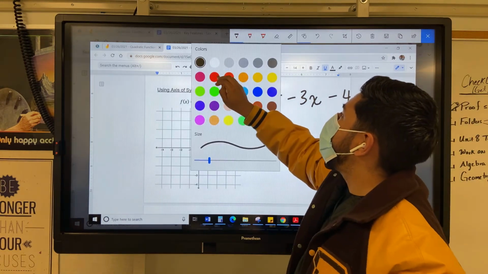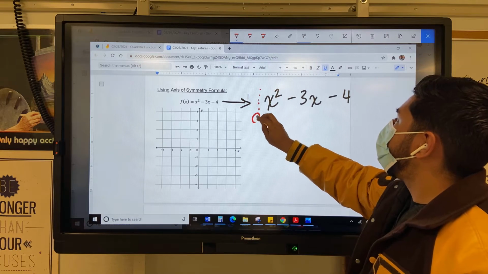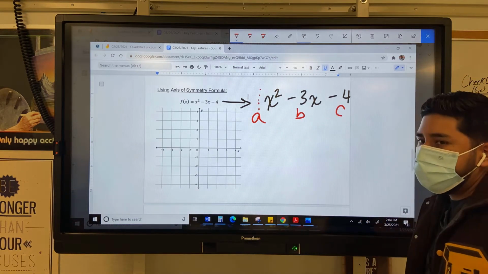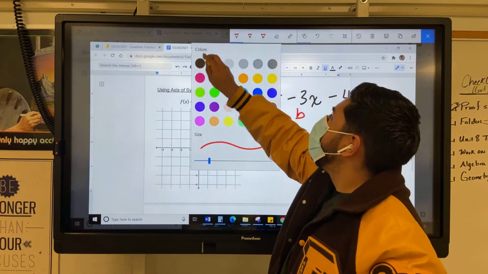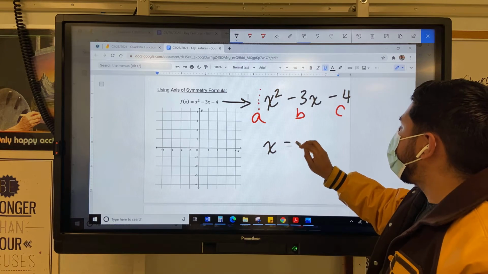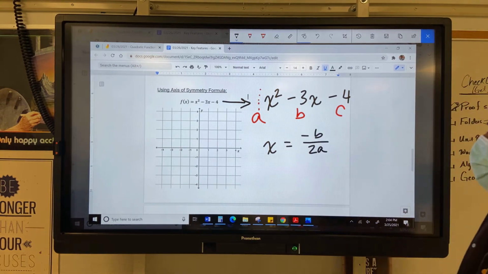Hopefully you remember to label your ABCs. This is my A, imaginary 1, -3, and -4, ABCs. Next, we use the formula x equals -b over 2a.